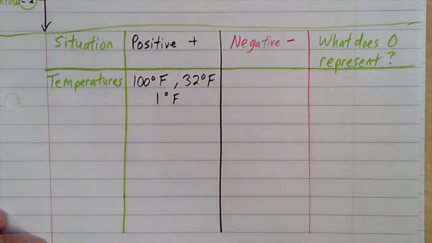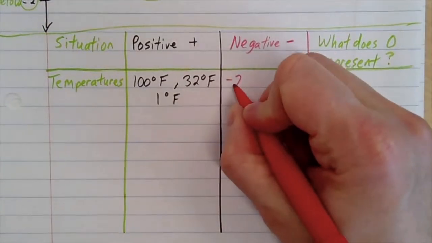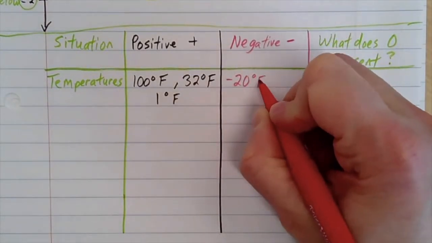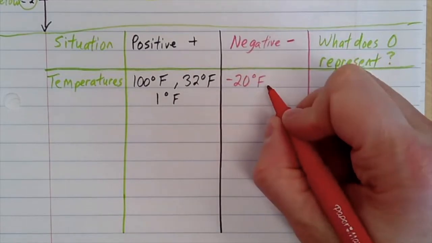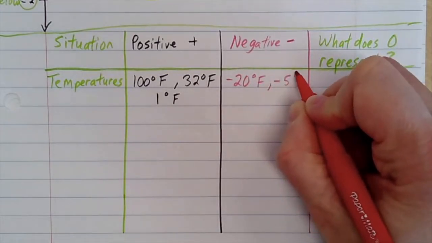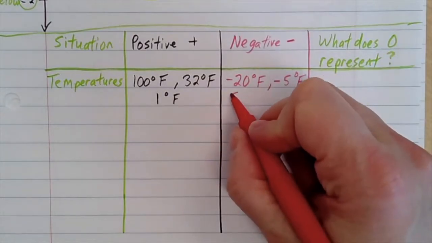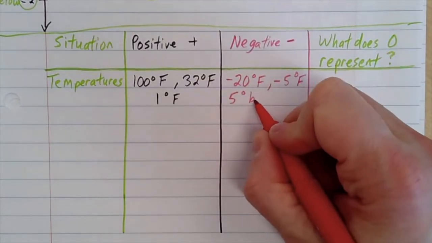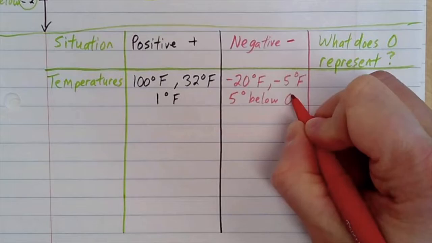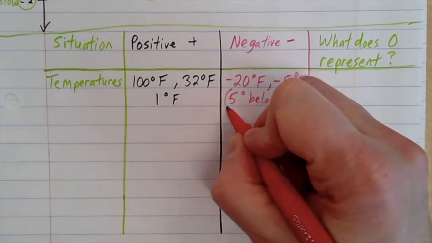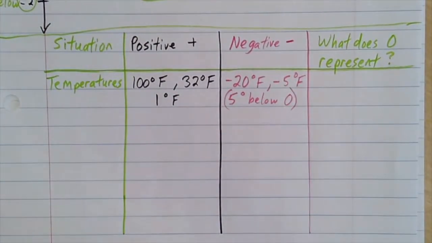If I talk about negative temperatures, you could have negative 20 degrees Fahrenheit. You could have negative 5 degrees Fahrenheit. You could even say 5 degrees below 0. That's also the same thing as negative 5 degrees because you're saying below 0, which makes it negative.